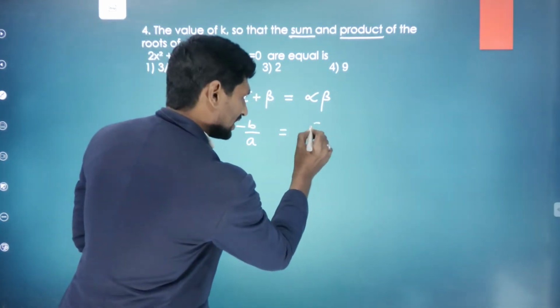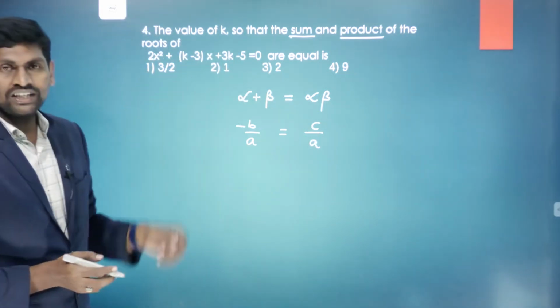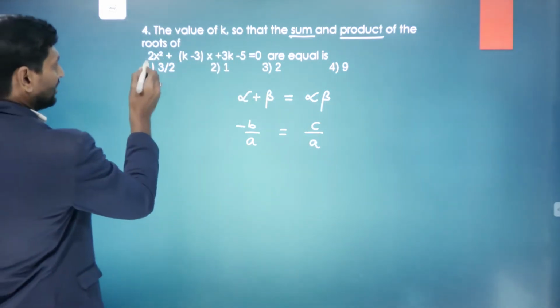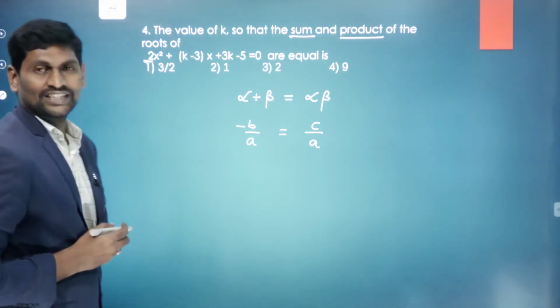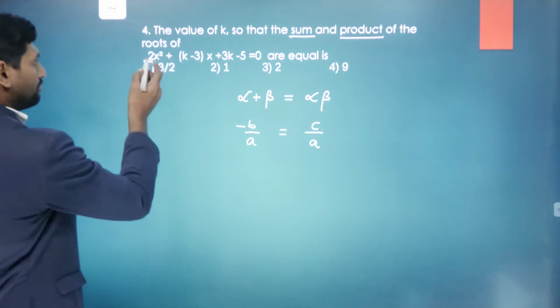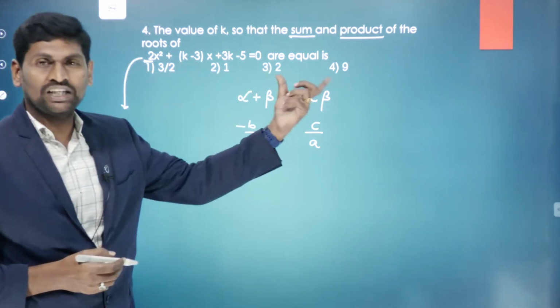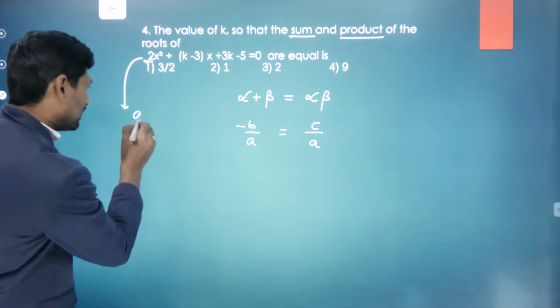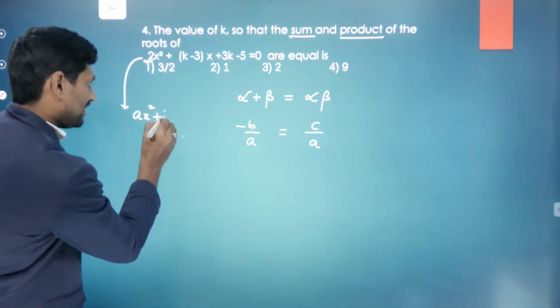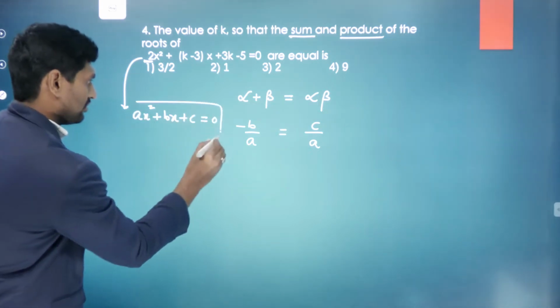Now check this quadratic equation. Let us compare the given quadratic equation with the general form ax square plus bx plus c equal to 0.